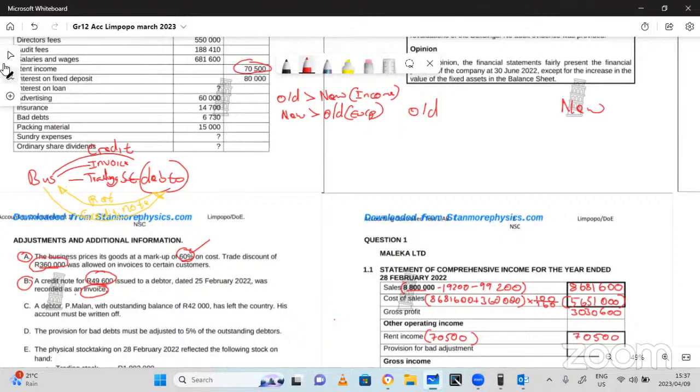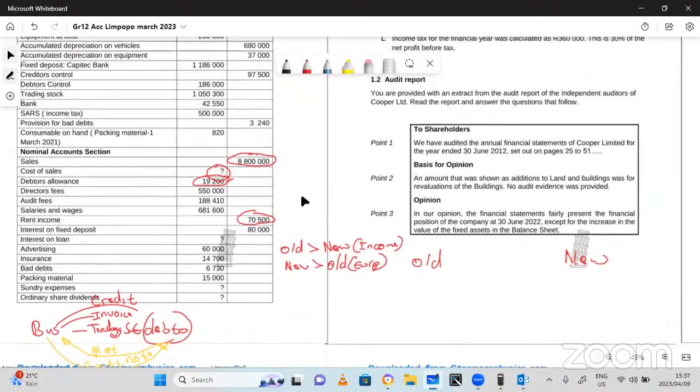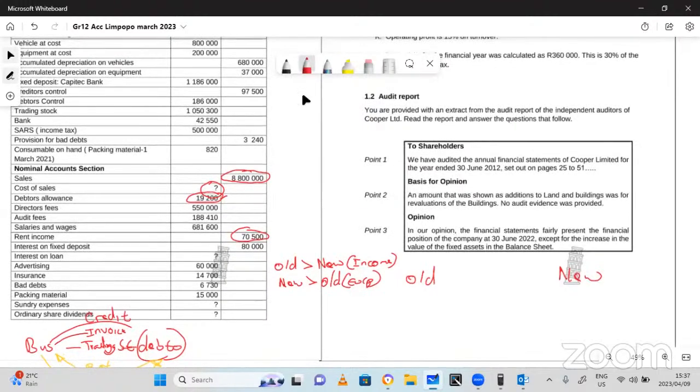So the first thing you do, you always compare. You take your provision for bad debt at the beginning of the year. So this is the provision for bad debt on your pre-adjustment trial balance, the old provision for bad debt, the provision that we expected before the transaction.